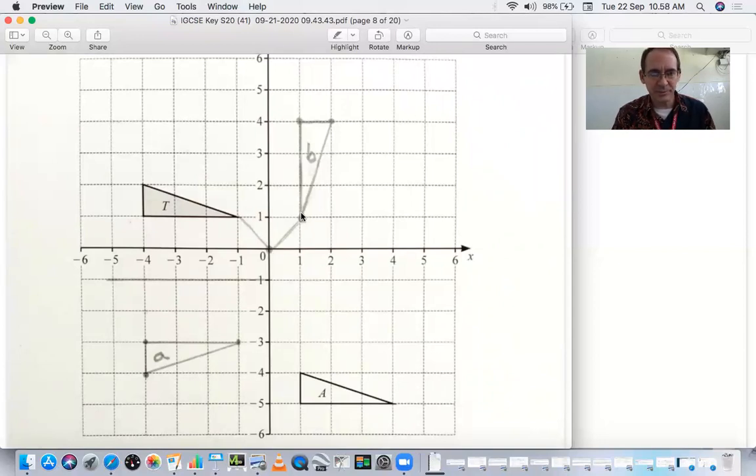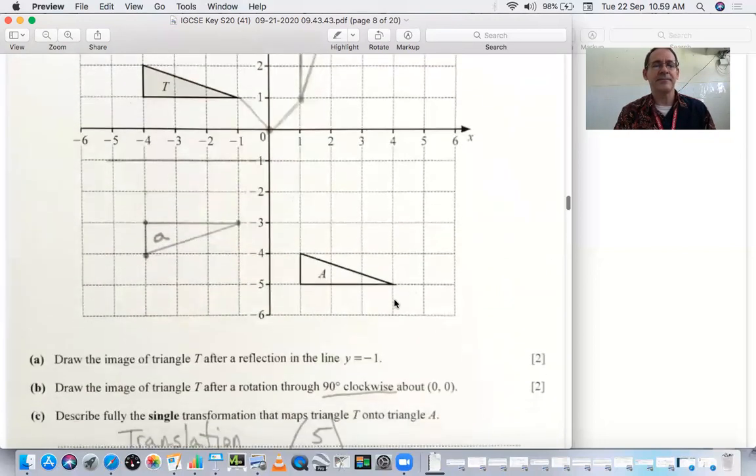So notice this is perpendicular, and so we just have one diagonal here and one diagonal up to that point. And then notice this is 3 units long, so just count 3 units up and 1 unit across to get your 3 points there. And so this is the image of T rotated 90 degrees clockwise.